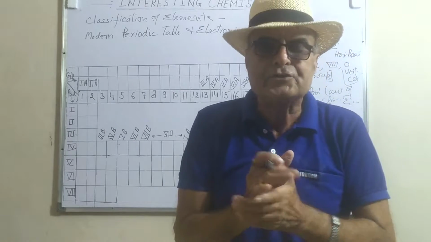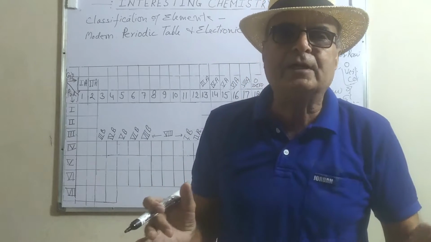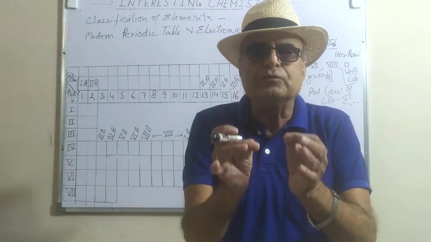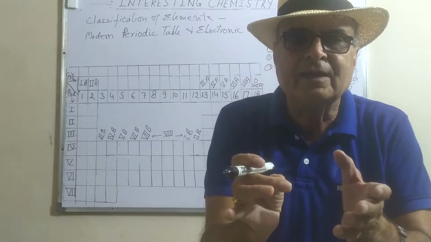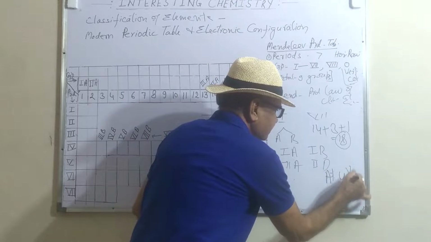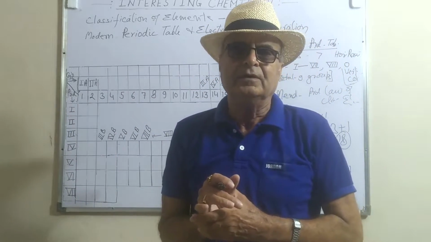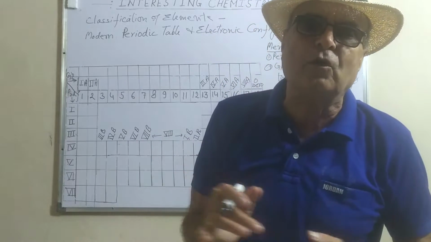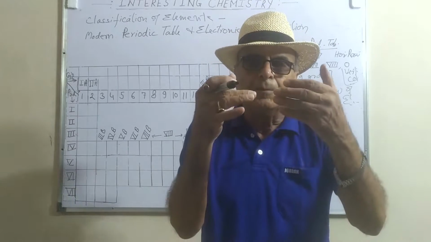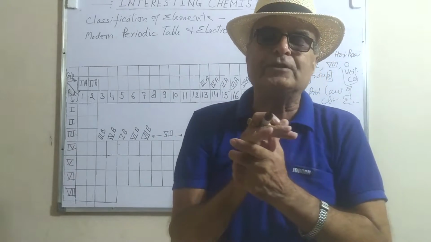That law states that the physical and chemical properties of elements are a periodic function of their atomic weights. That was the periodic law proposed by Mendeleev, and it was widely accepted by the scientists of the time.